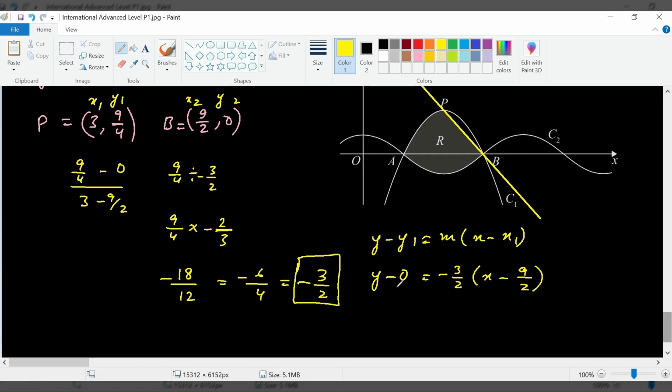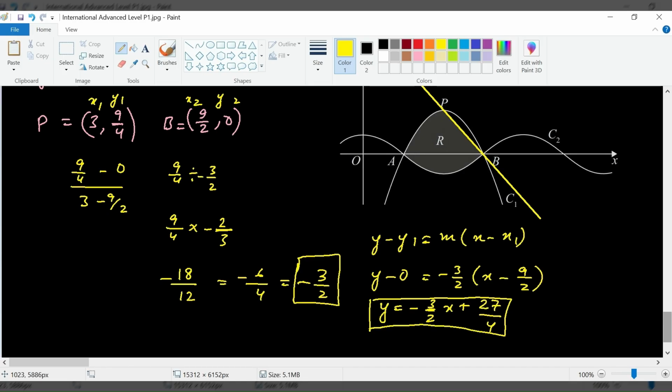Now, once we solve this, we get y equals negative 3 over 2 x, and minus minus is a plus, and this is going to be 27 over 4. So this is going to be the equation of the line. We have found the gradient, we have found the equation of the line.